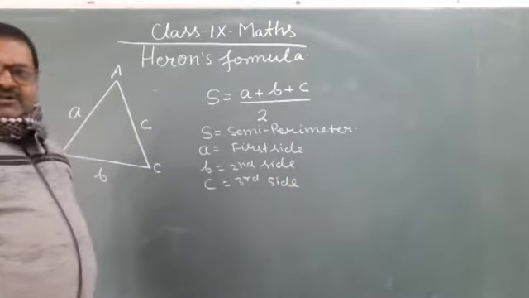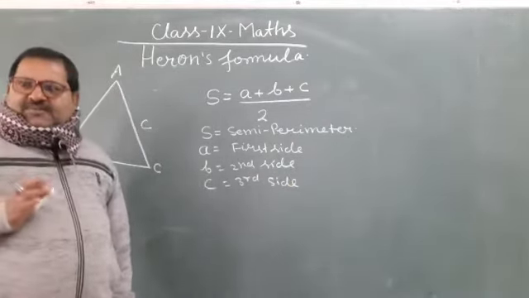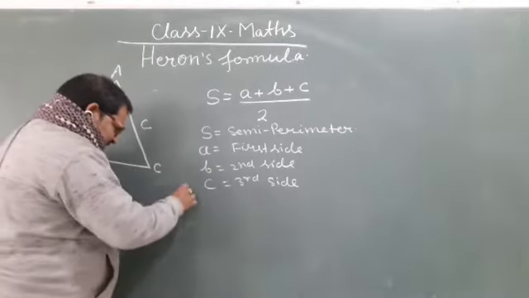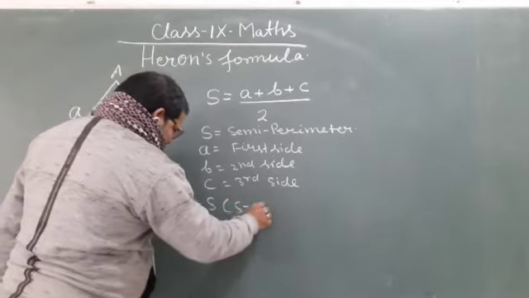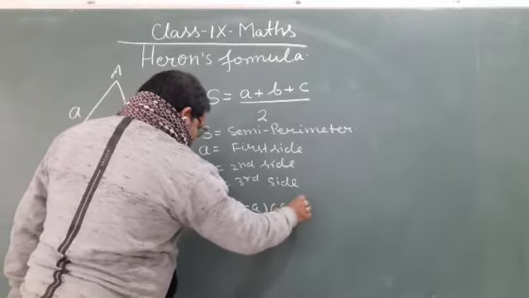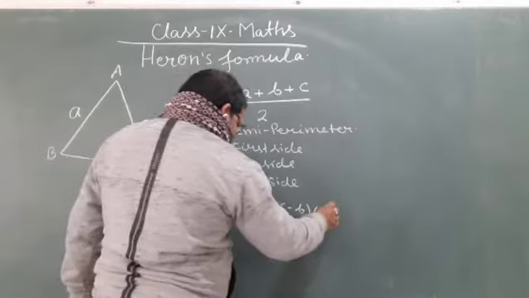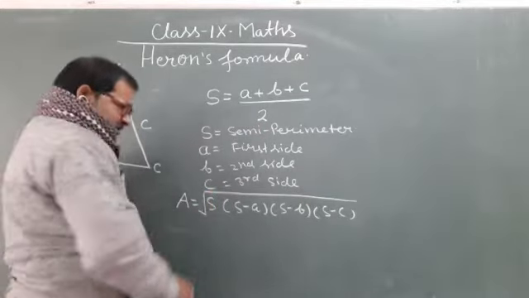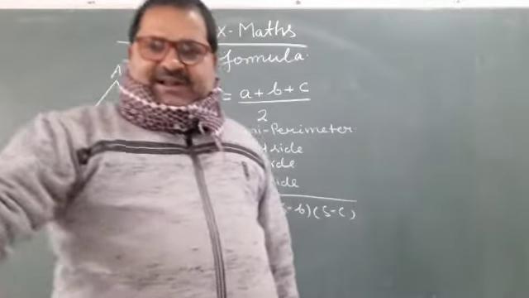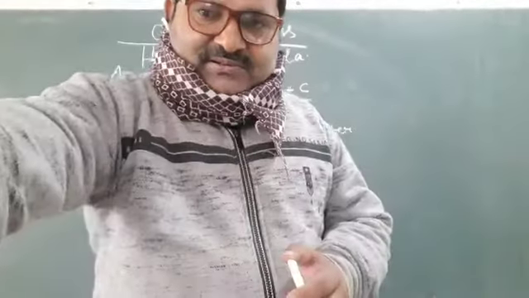Then we find the area of the triangle. Area equal to under root S into S minus A, S minus B, S minus C. This is the formula to find the area of a triangle.